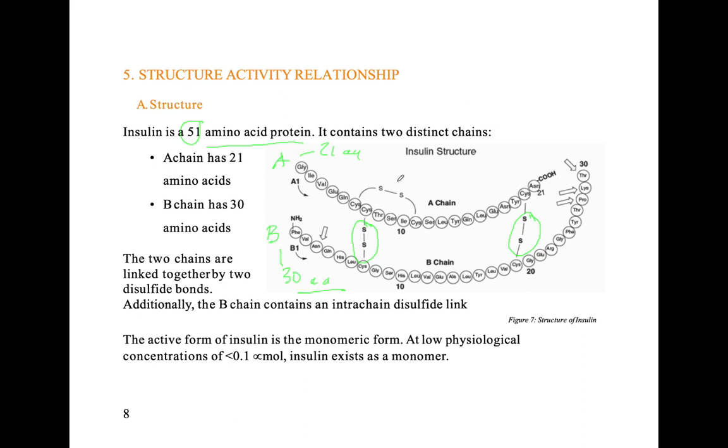Now, when you look at the structure of the A chain, you find out that the A chain contains an intra-chain disulfide link. Now, these disulfide links contribute to the stability and integrity of insulin.